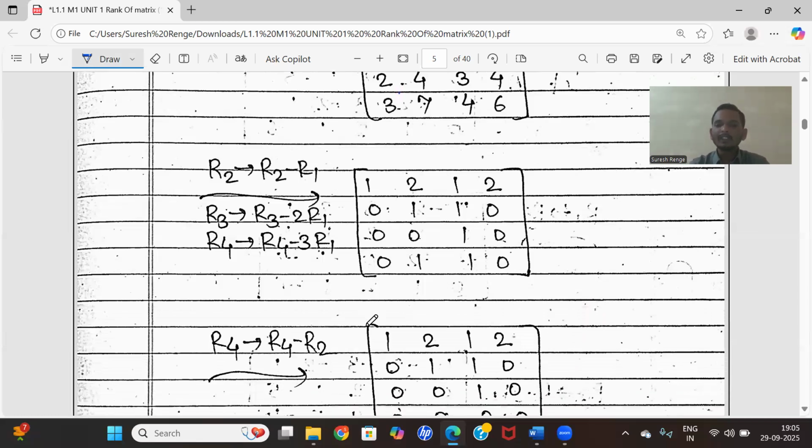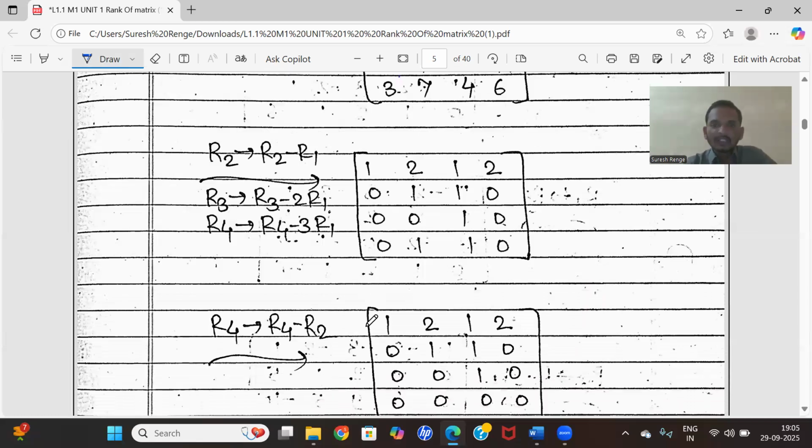Now, what is your observation? If you observe, row number 2 and row number 4 are exactly the same. Now apply this operation: change R4 to R4 minus R2.